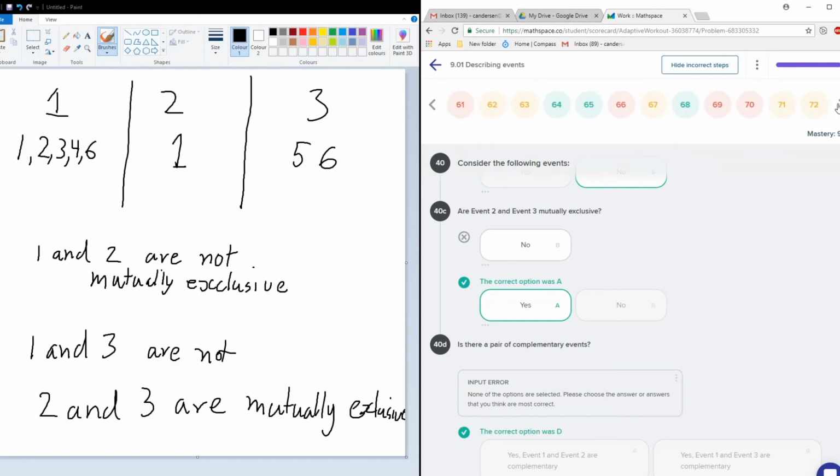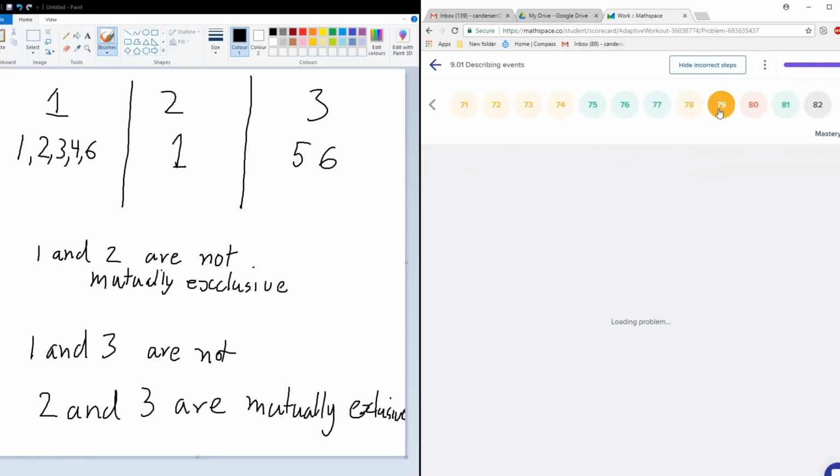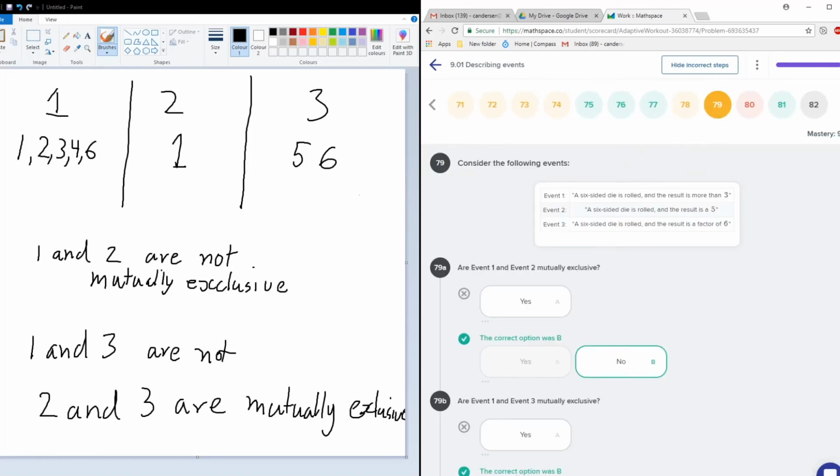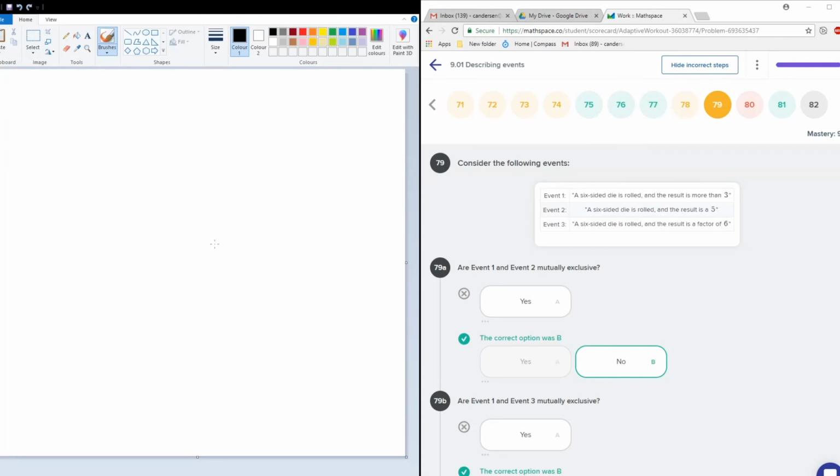Have a look at another example. Let's do another one. Make a new page. Alright, so a 6-sided dice is rolled, and we get more than a 3. So we want more than 3, so we want 4, 5, and 6.